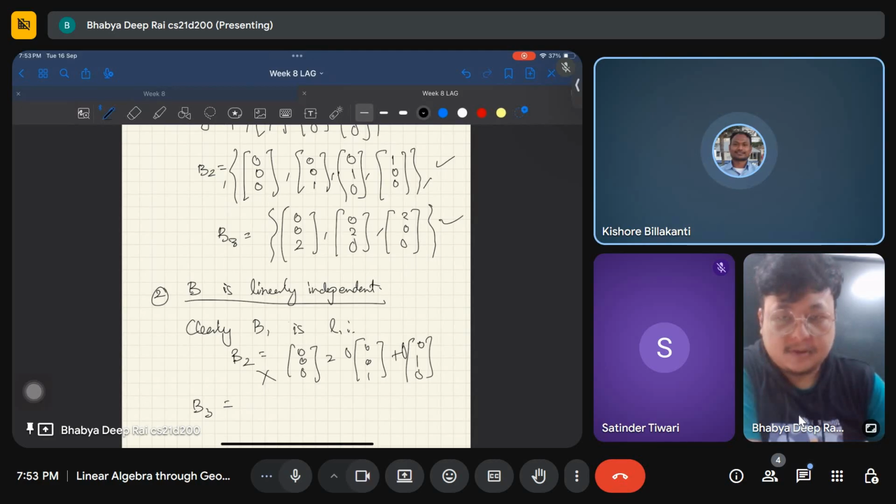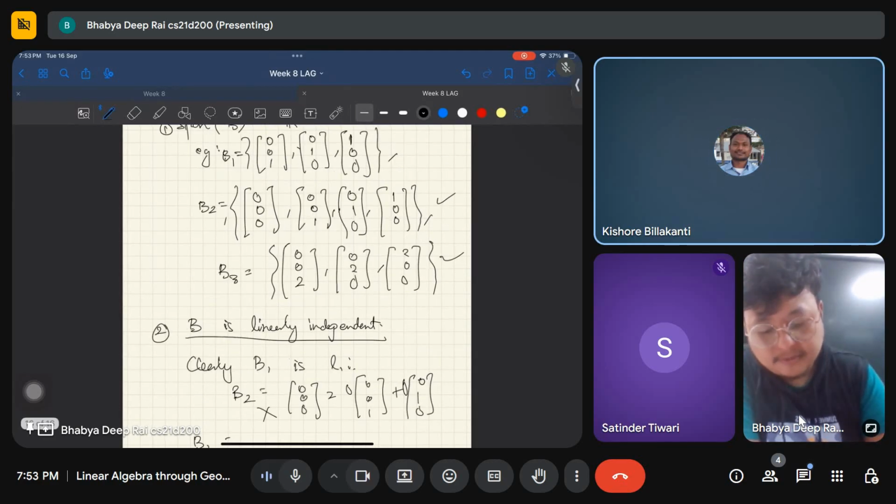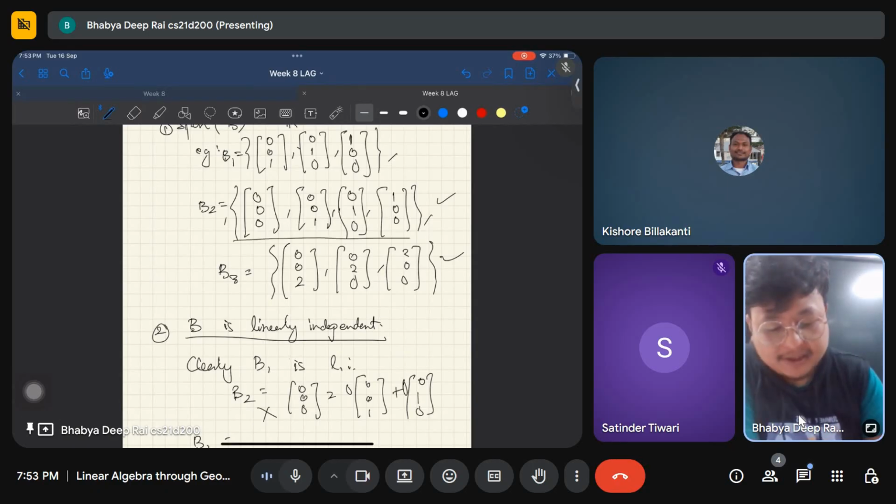So I didn't get how B2 is reduced to linear dependence. If we need to say that B2 is linearly independent, we need to say that none of the vectors can be created from the others by linear combination. But it so happens that the vector 0, 0, 0 can be created from these. I'll just do 0 times the first vector 0, 0, 1.